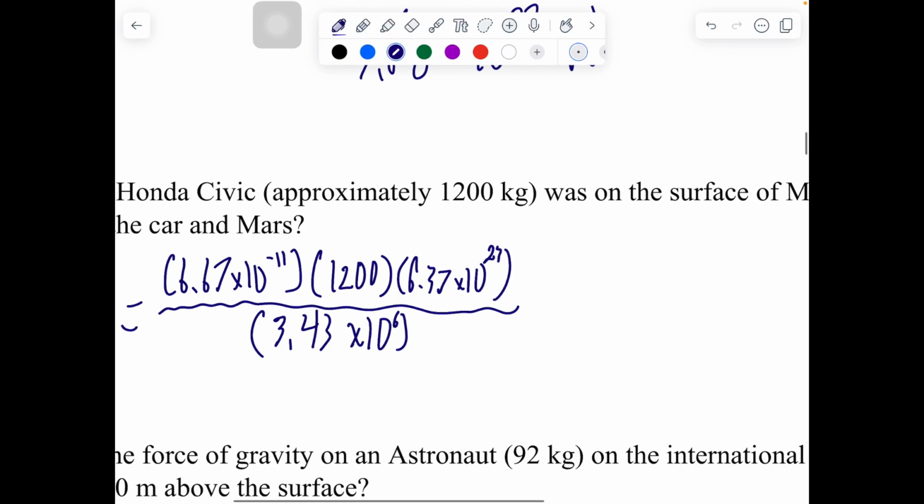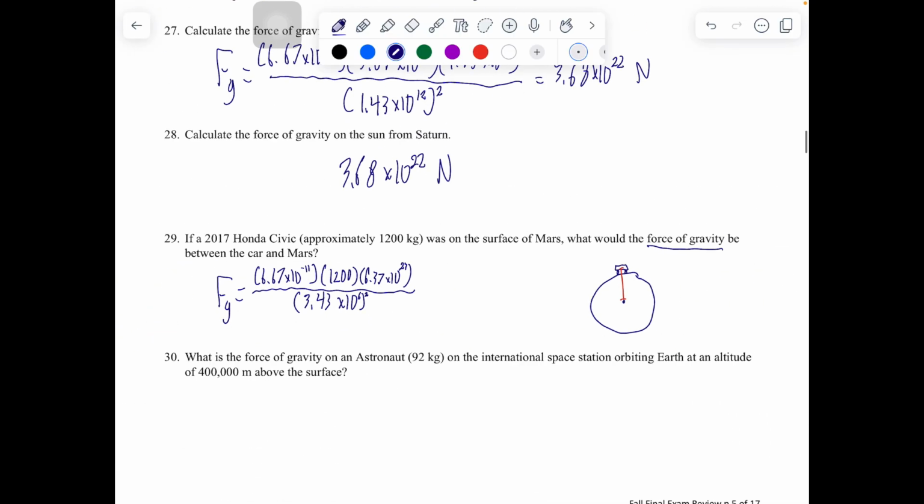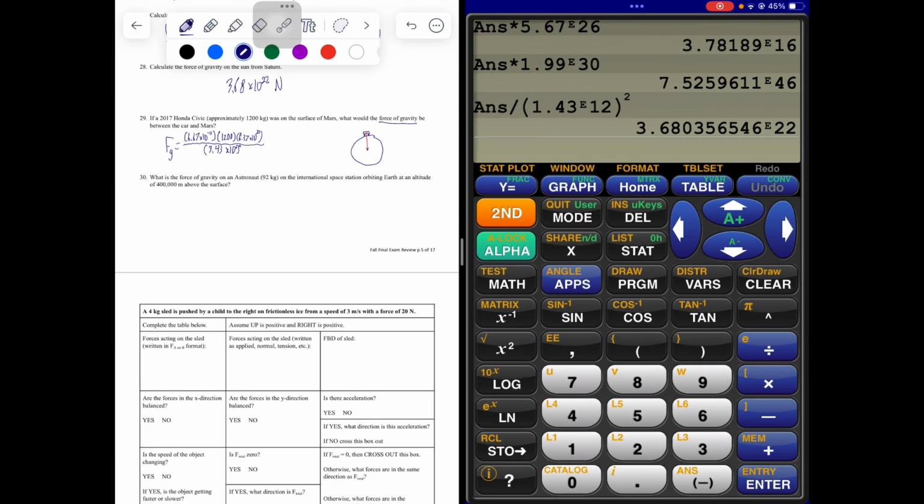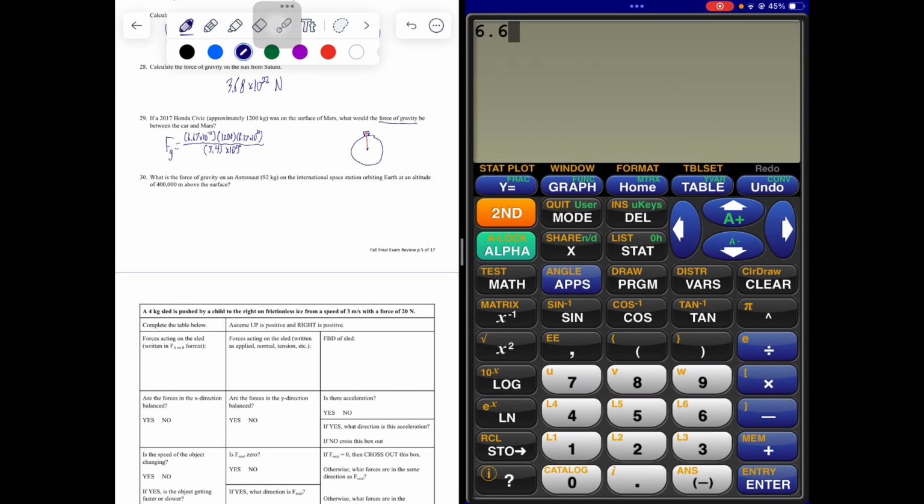Let me go through, again, that is squared, and I closed my calculator too quickly. Let's grab it again. There we are. And once more with feeling.